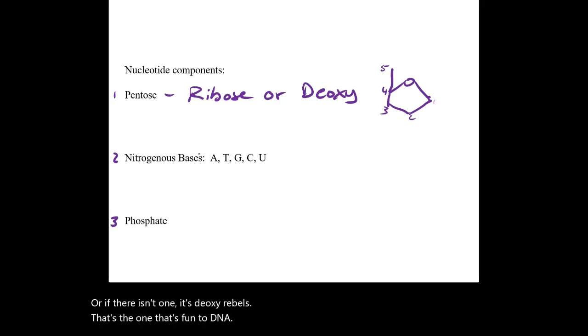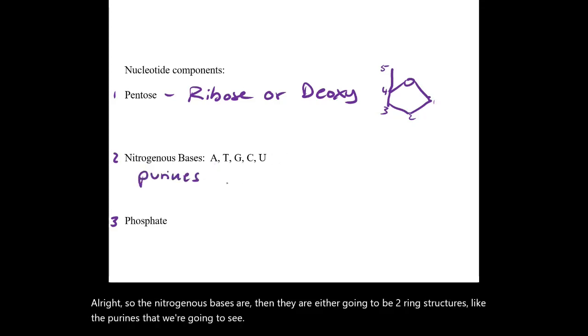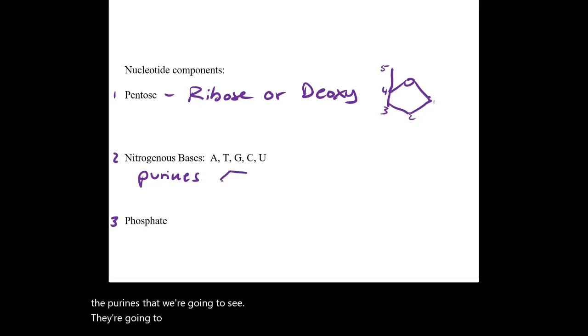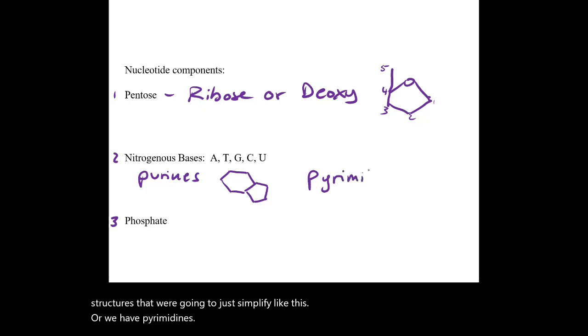All right, so the nitrogenous bases are either going to be two-ring structures like the purines that we're going to see. They're going to look like this. And by the way, they're fairly complex structures that we're going to just simplify like this. Or we have pyrimidines, which are actually smaller.